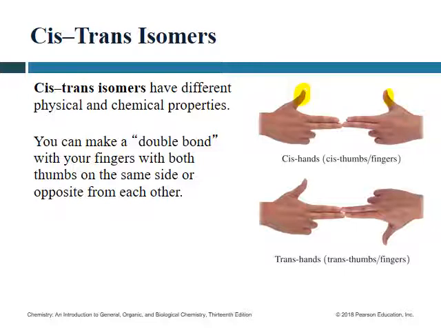Whereas if you rotate one of the hands, the 2 thumbs are going to be on opposite sides, which means this is a trans isomer. That's exactly how a double bond behaves. They have to have a common group though. If there are no common groups, they don't do cis or trans. It has to be a common group on both the carbons involved in a double bond.